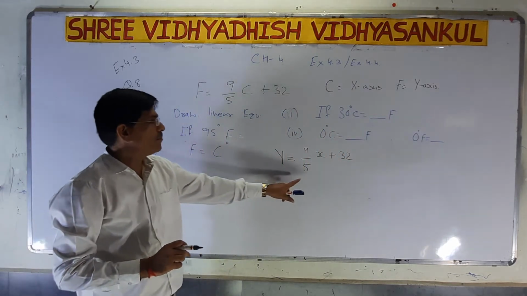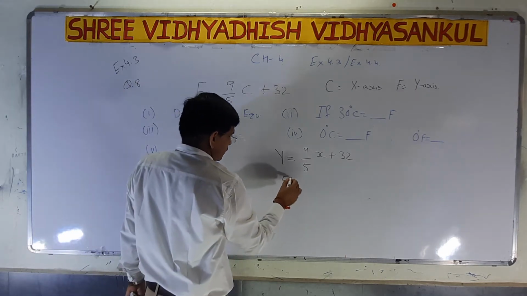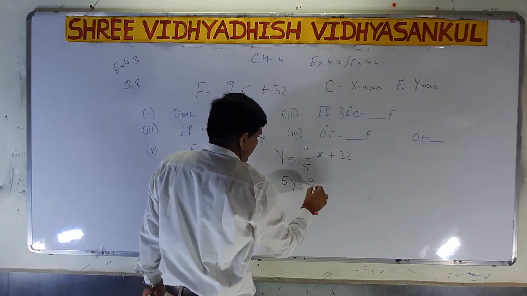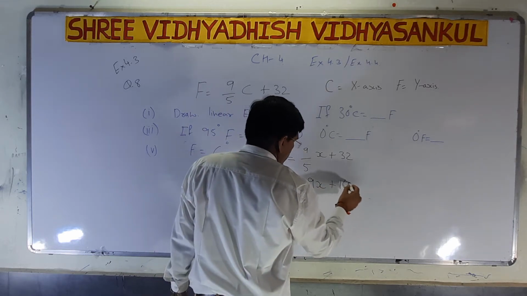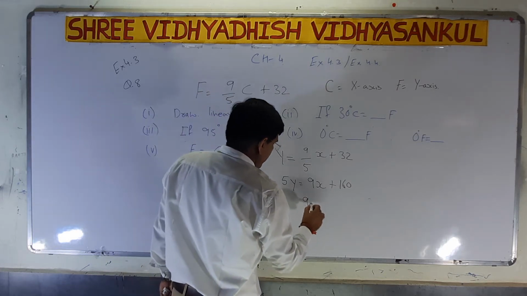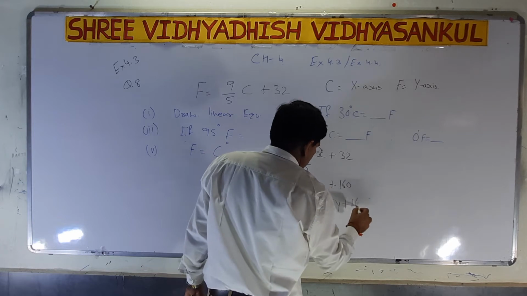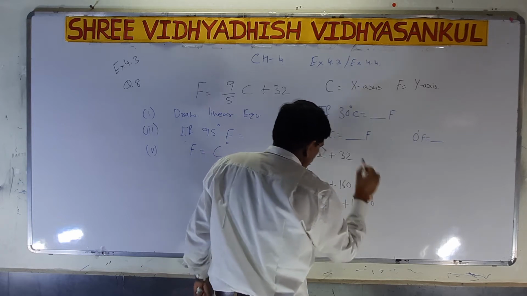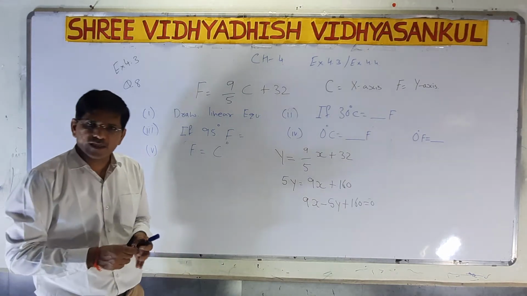Simplifying, 5y is equal to 9x plus 160. The standard form is 9x minus 5y plus 160 is equal to 0. Now it is a linear equation.